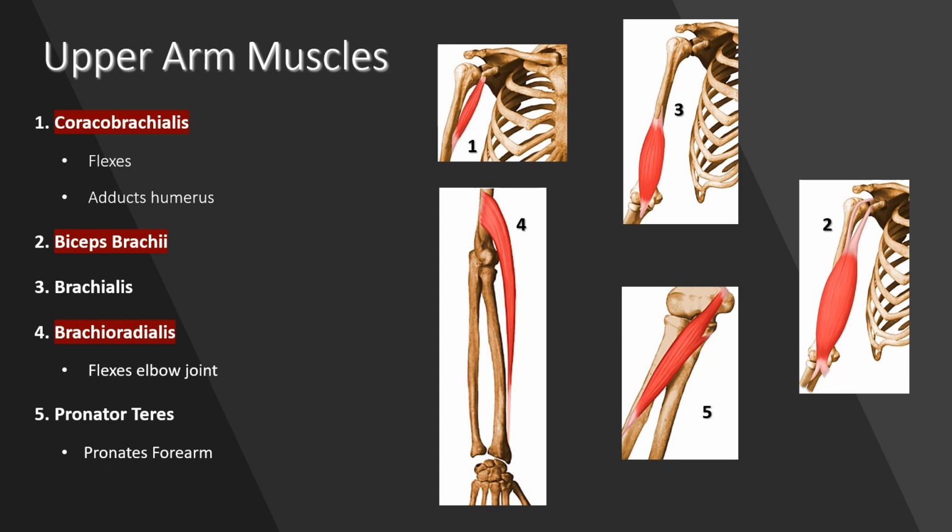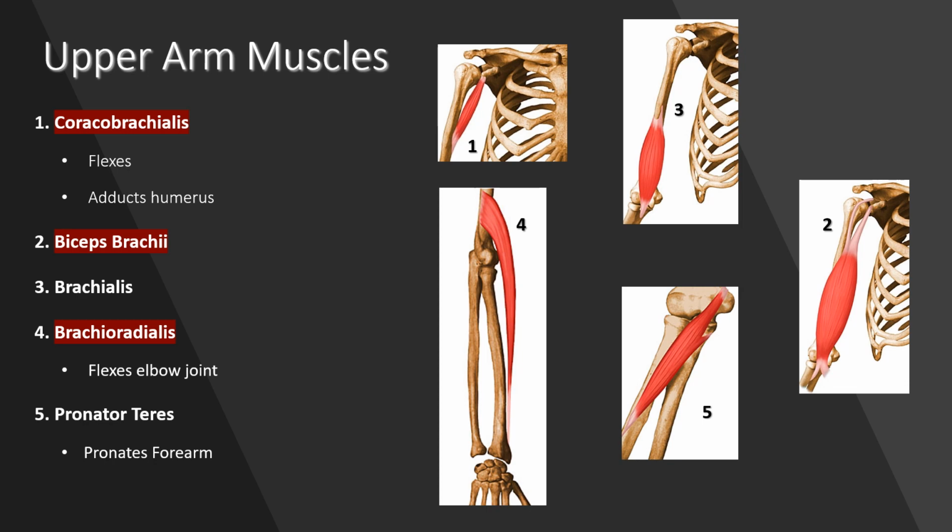The muscle top right is the biceps brachii. Called biceps because it's got two heads. You can see the two heads there attaching to the bones. That's the biceps brachii. The muscle at the top is the brachialis. The muscle at the bottom on the left is the brachioradialis.